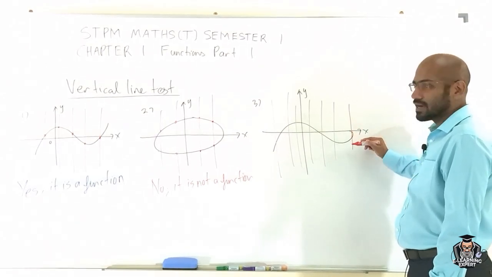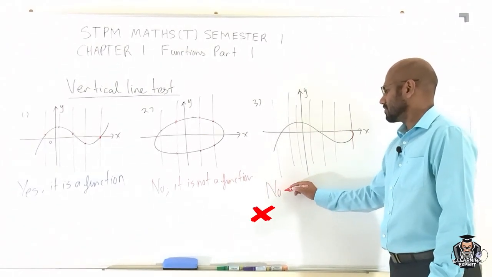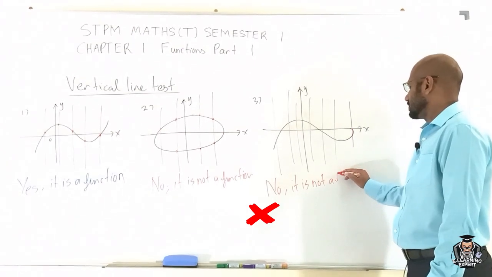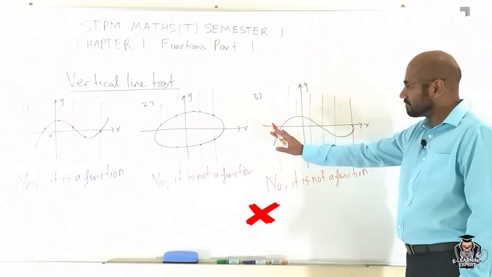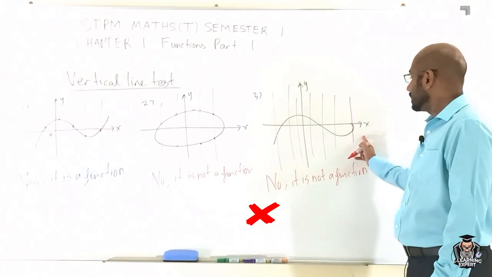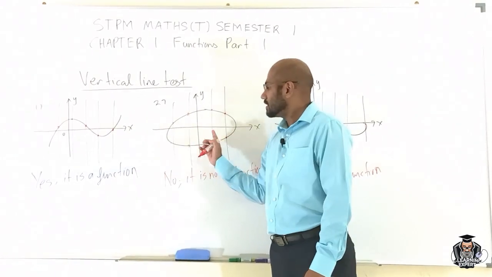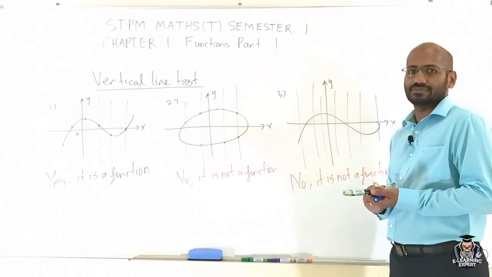Once, twice, automatically this will fail. So no, it is not a function. So observe the entire graph and you must see that if it only cuts one time, you are a function. If more than once, the graph or the given relation is not a function.